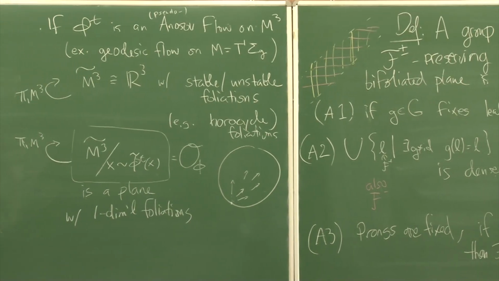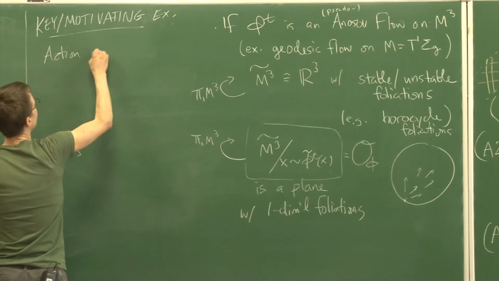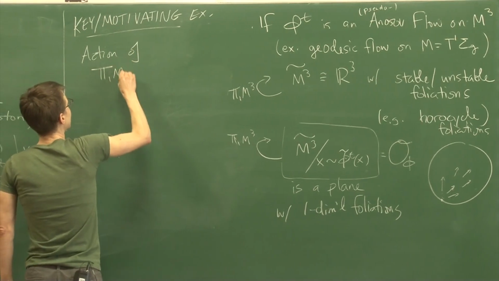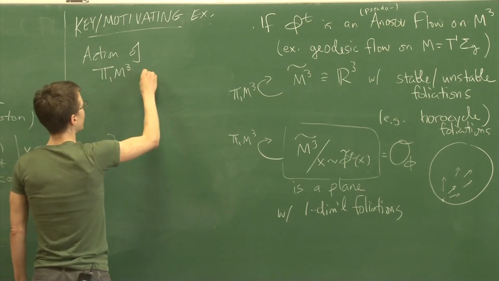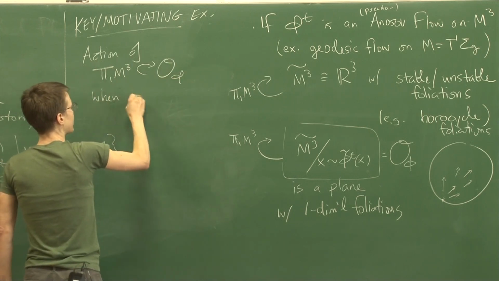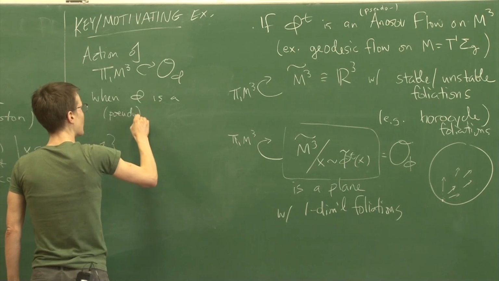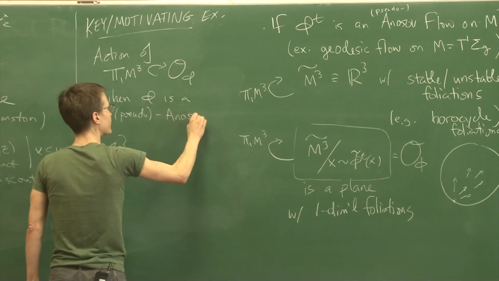Okay, so the key motivating example is the action of fundamental groups of 3-manifolds on their orbit space when phi is a pseudo-Anosov or Anosov flow.